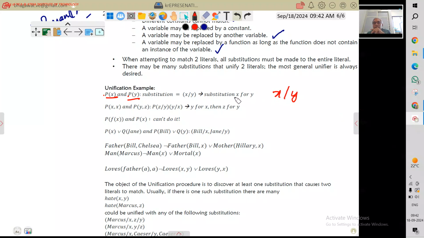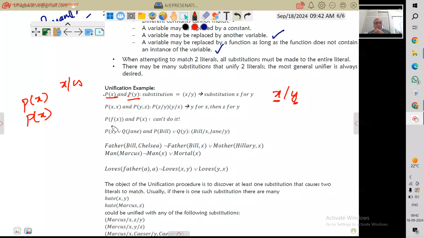We are substituting x for y. So wherever y is there, in place of y you are going to replace x. The first one is already p of x, and in the second one, wherever you have y, you replace it by x. So this also becomes p of x, right? This is how we are trying to do it.